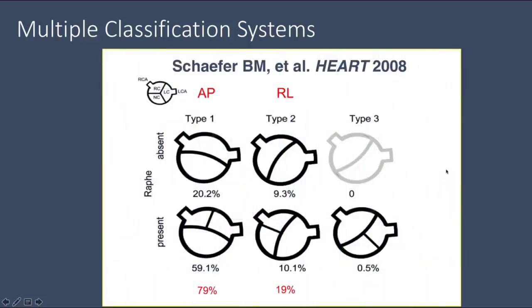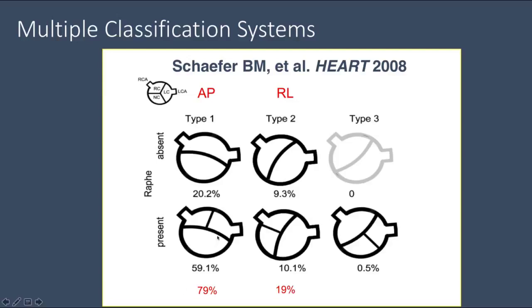Dr. Otto and Ben Schaefer here at the University of Washington developed a different classification system, I think in 2008 or 2009, in Heart. They based their classification system on cusp fusion. If you have fusion of the right and left coronary cusps, regardless of the presence or absence of a raphe, that's known as a type 1 BAV.